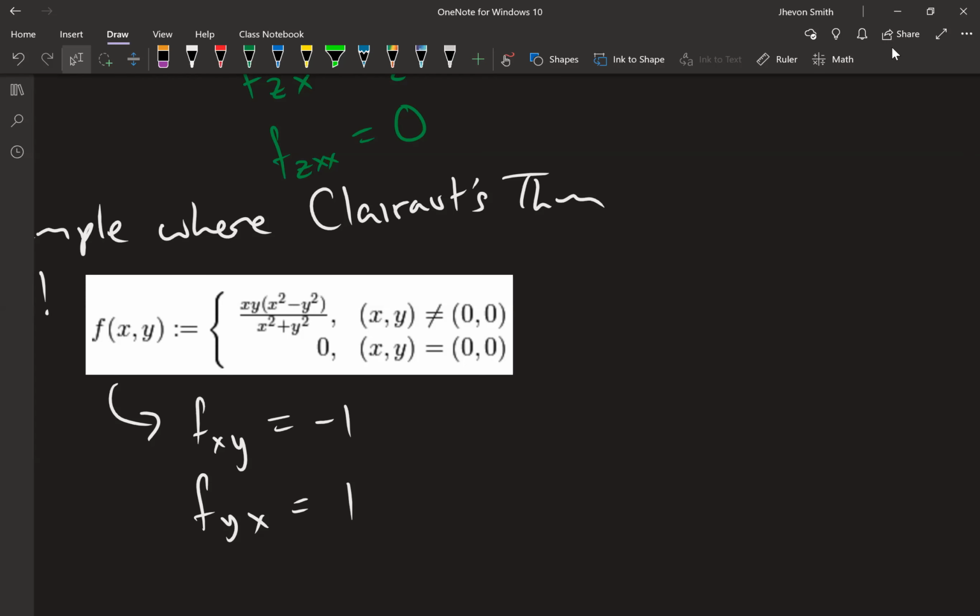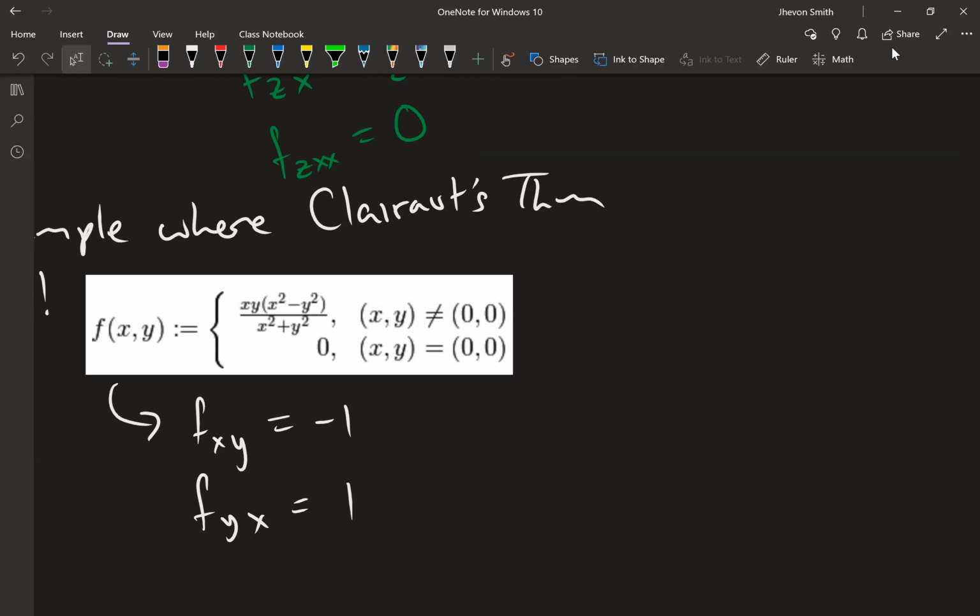How would we check if this is continuous at the origin? What is the general process? Tell me in a sentence. Think about continuity, this is a piecewise function, right?